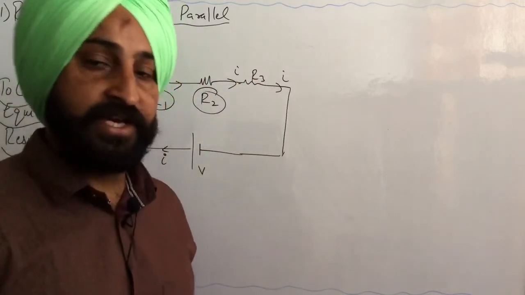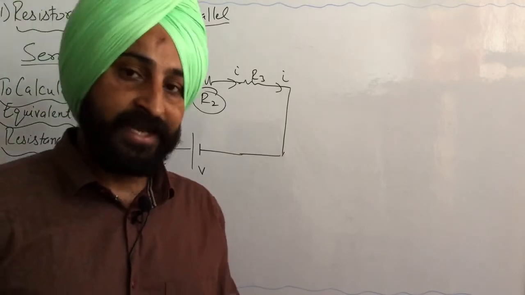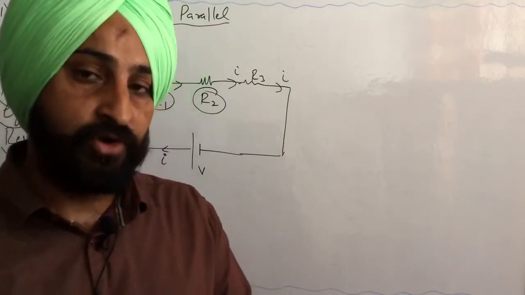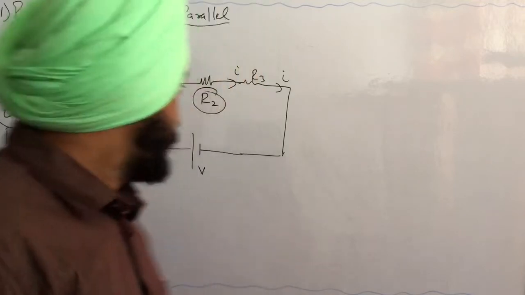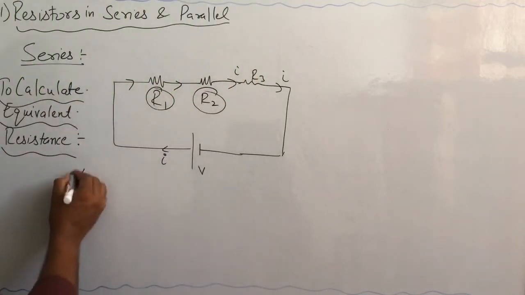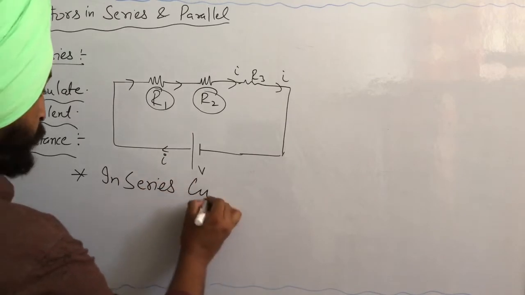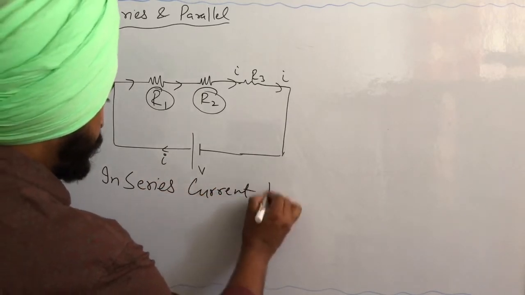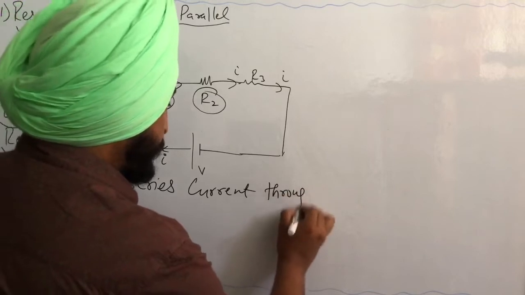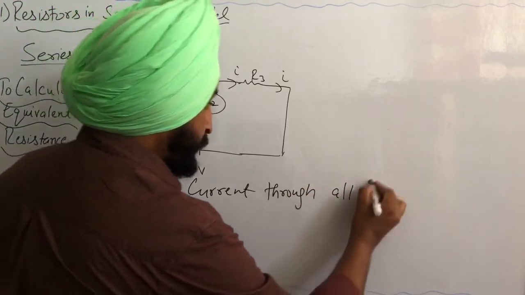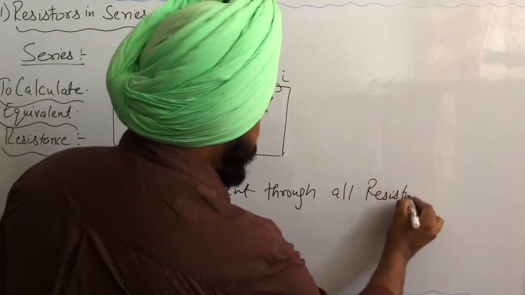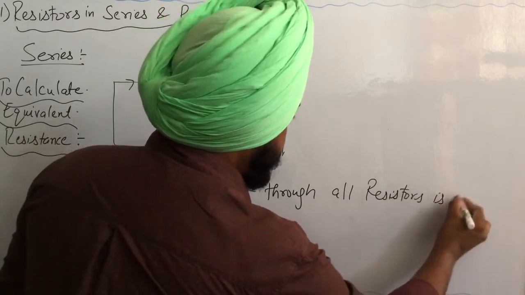So in this way we can say that in series the current passing through all the resistors is the same. The important point over here is, in series, current through all resistors is same.